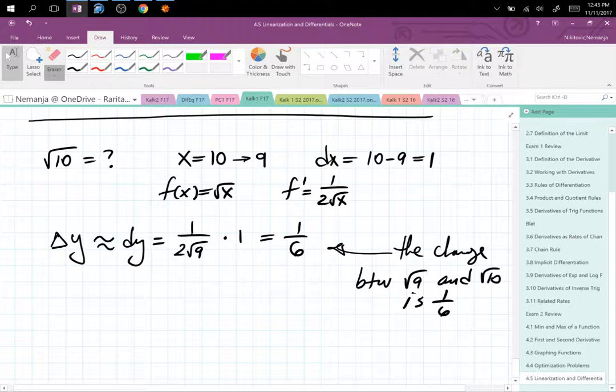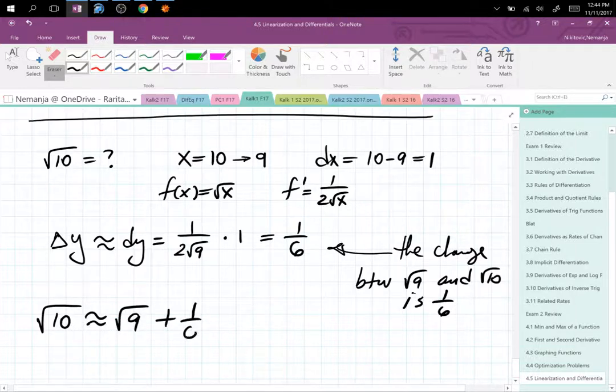It shouldn't take a lot of IQ to put it together now. Square root of 10 is approximated by square root of 9 plus 1 over 6. That's what it is. Because you know how to compute square root of 9, and the change from square root of 9 to square root of 10 is approximated by 1 over 6. So, 3.16666667, whatever, right?